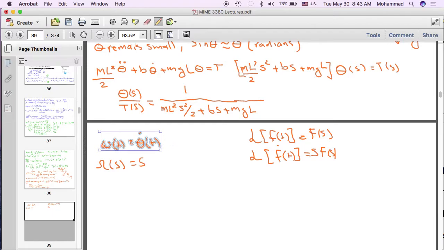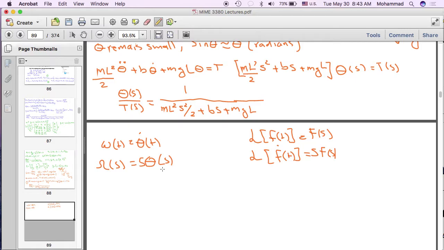We have no choice. If the Laplace transform of f of t is F of s, the Laplace transform of f dot is going to be s times F of s. Now, the Laplace transform of theta, because we don't know what theta is, is simply theta of s. So this equation, therefore, is s times theta of s, which we have done many times.